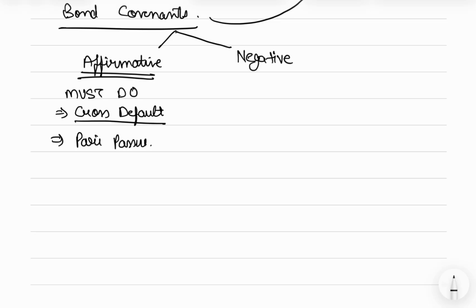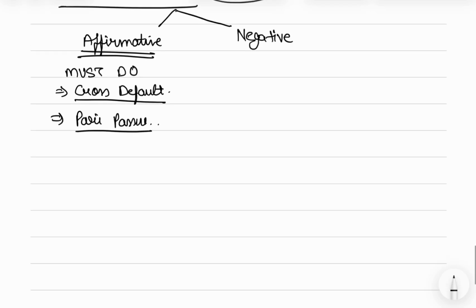So if the issuer has issued two kinds of bonds, or a bond and a loan, and it defaults on the other loan or bond, it would be considered that it has defaulted on our bond as well. Then we have pari passu. This means that all lenders are treated equally. No one is given priority. Every lender is considered equal.